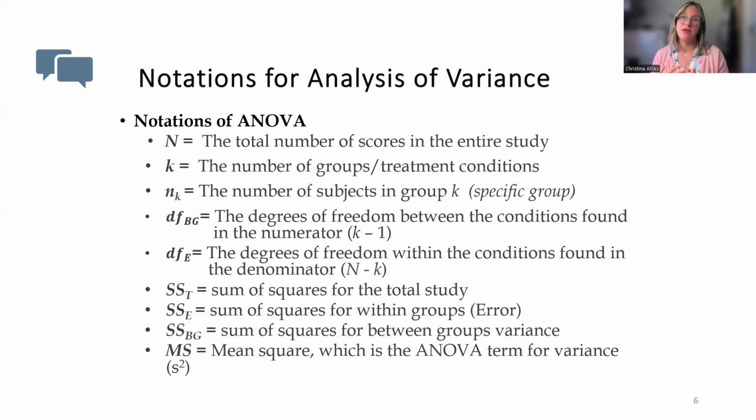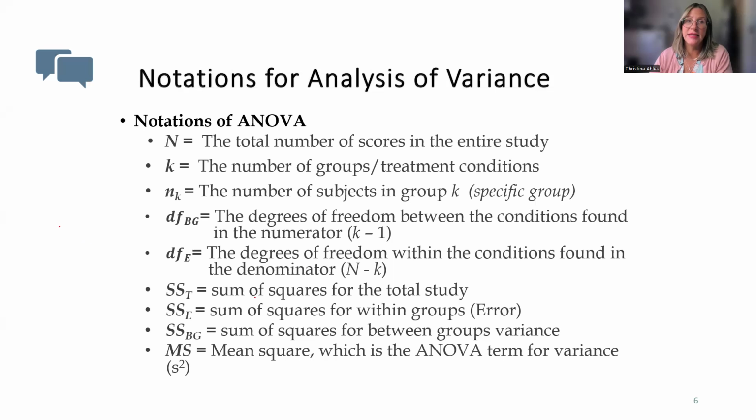This is the time you need to, because analysis of variance has a lot of new notations, and some of the notations are repetitive, things that you've had in the past, but they mean something different with analysis of variance. For example, capital N, as you can see, is the total number of scores in the entire study. So the number of participants that participated in the entire study, rather than the population size.